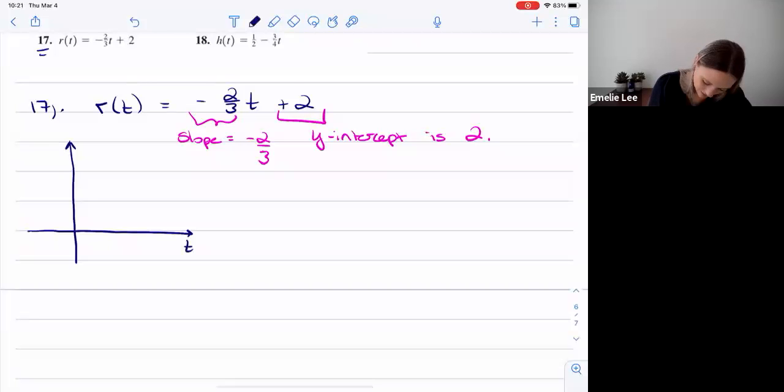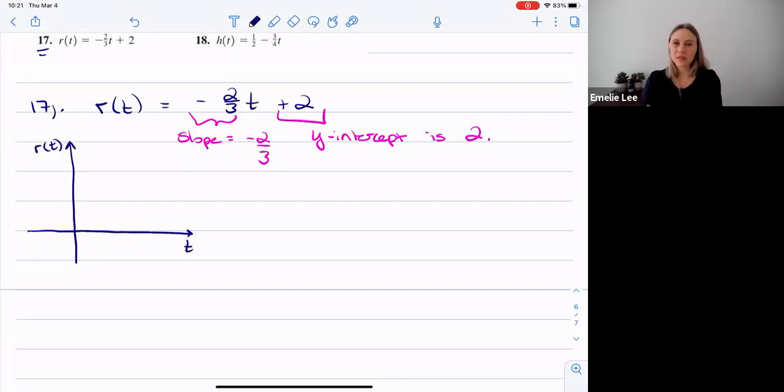Okay, so here I've got t and here I've got r of t. But they behave the exact same way as x and f of x, where f of x is y. So nothing's really changed. Because it told me to make a table of values, and if you ever have to sketch a graph, then you can always make a table of values.